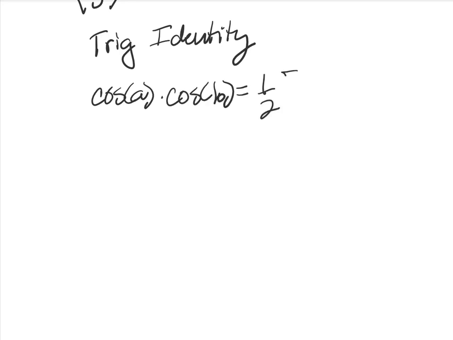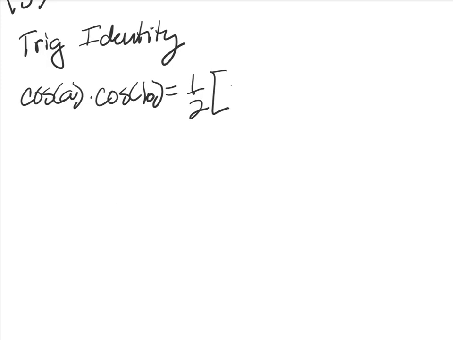The trig identity is cosine of A times cosine of B equals one half of cosine of A minus B plus cosine of A plus B.